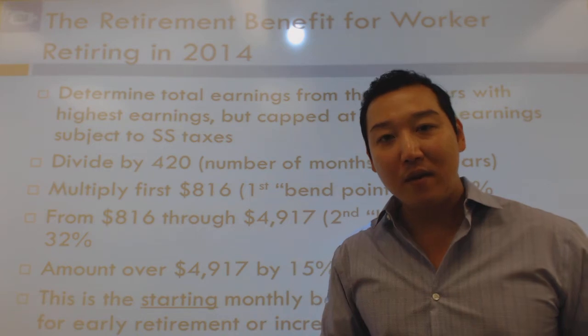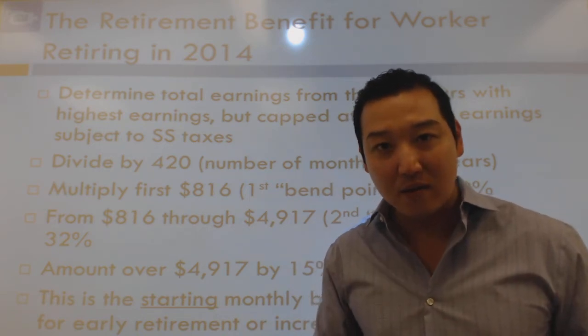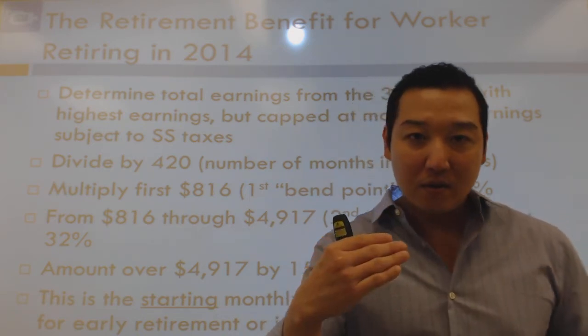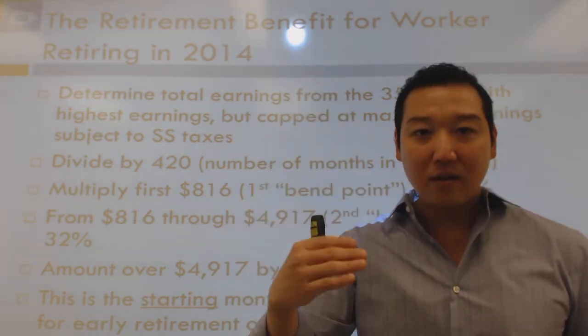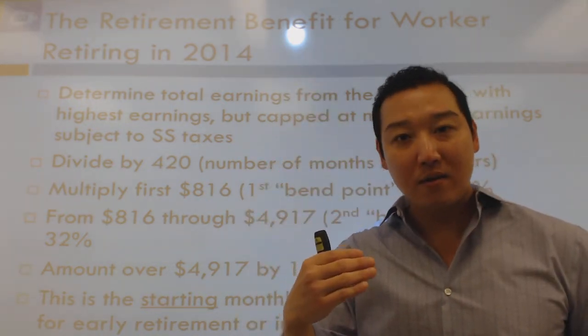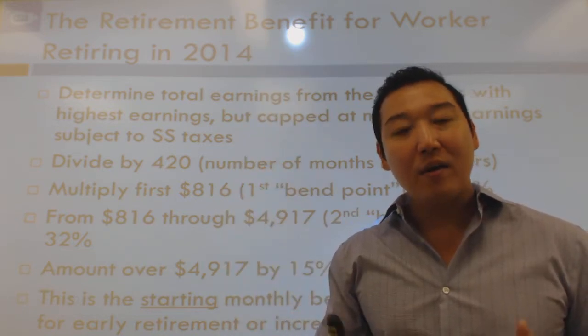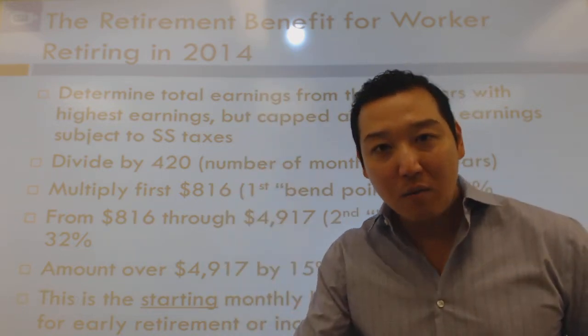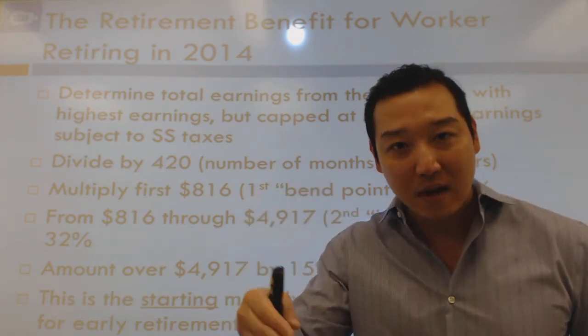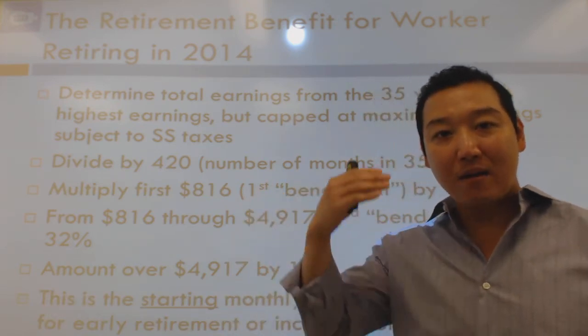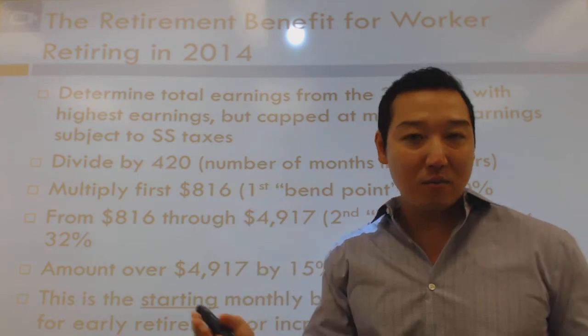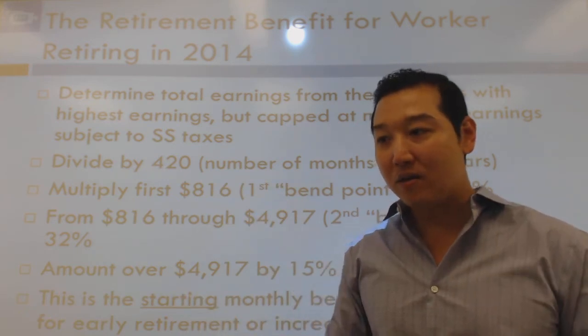Basically, if you figure how much you earned on a monthly basis over your lifetime, there's 3 tiers of earnings, right? Basically, the Social Security Administration is seeing your earnings in 3 tiers. And so to calculate your benefit, you're going to get back 90% of low-level earnings, 32% of mid-level earnings, and then 15% of high-level earnings, is what the basic structure looks like.